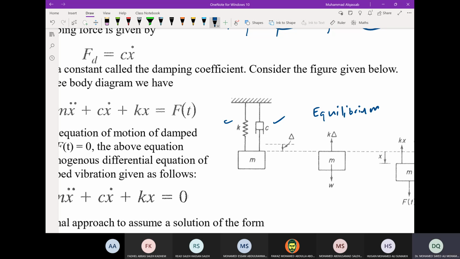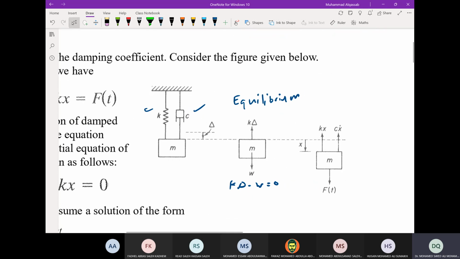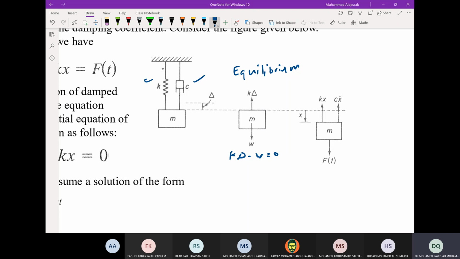So in equilibrium, we have only the spring force, which is the same as the undamped system. The free body diagram will be the spring force K delta and the weight. Delta is the static deflection, as we mentioned before. So K delta minus W equals 0 for equilibrium. And this is the free body diagram for an arbitrary position.